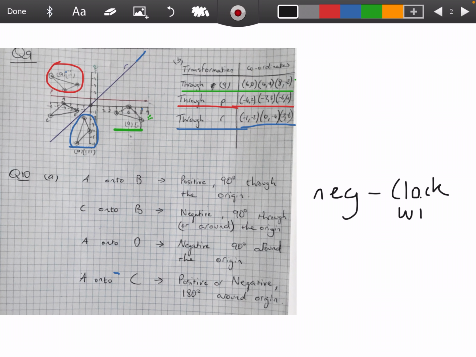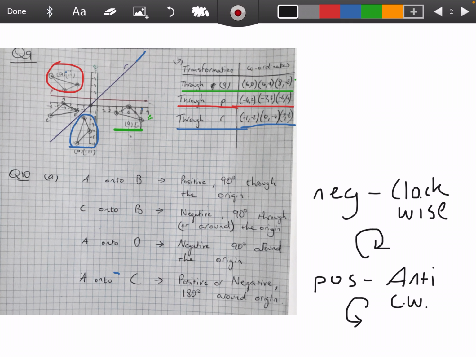If we talk about a negative rotation, we're moving clockwise, so we're going in the direction the arms on a clock would go. And then your positive is the opposite, anti-clockwise. As I said, anti, and I'll write CW for clockwise, would be going in the opposite direction, as if the arms on the clock are going the other way.